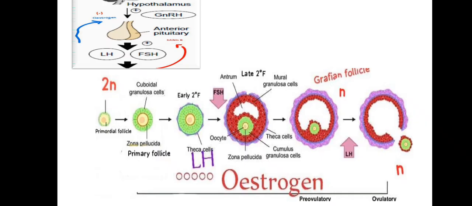If they ask you what makes them die, it's because around day 10, 11, 12, 13, somewhere there, these follicles start producing a hormone which we call inhibin B. It's a molecule that is going to inhibit the anterior pituitary gland to stop producing follicle stimulating hormone. So that particular follicle that had reached an advanced stage is the one which is going to survive up to ovulation.